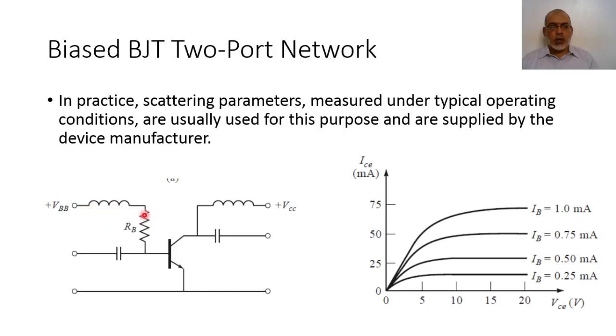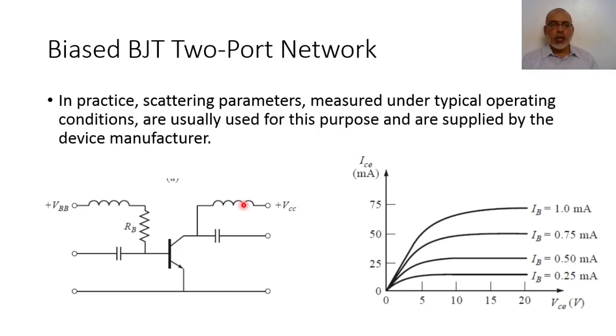By controlling the voltage VBB and the value of RB, we can control the value of the base current IB. On the other hand, the collector is directly connected to VCC through a choke coil.